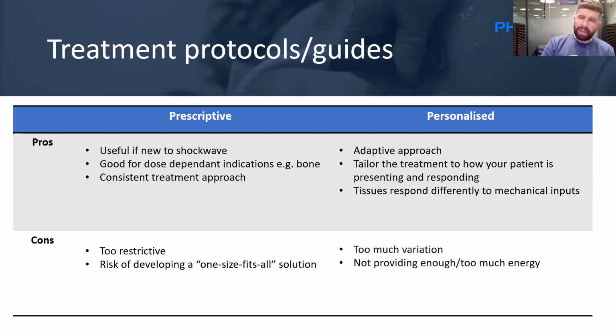On the other side of the coin, with the personalized approach, there can be too much variation, and you might not be providing enough, or you could be providing too much energy. I think you can flip between the two. I personally sit on an 80-20, as in 20% of it is prescriptive. It gives me a good start point, and then I personalize and tailor it as need be. And I think a nice balance between the two is what we would need.